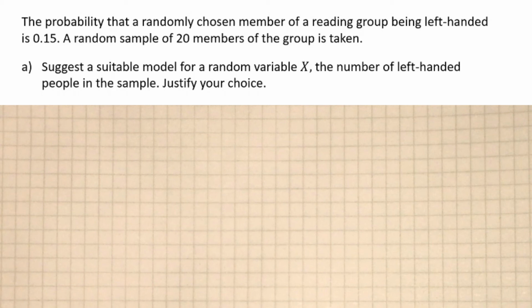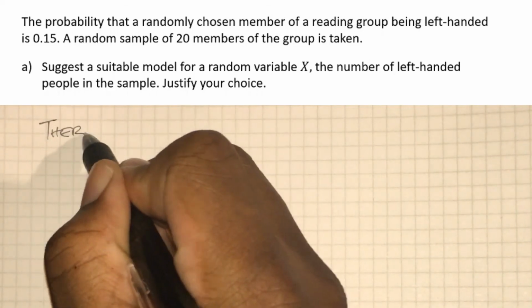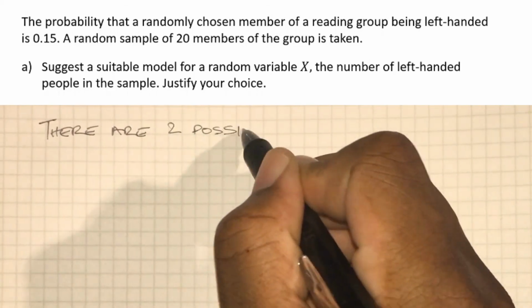Okay, let's have a quick look at one in context. So here we're told that the probability that a randomly chosen member of a reading group being left-handed is 0.15. A random sample of 20 members of this reading group is taken. Suggest a suitable model for the random variable x, the number of left-handed people in that sample, and we have to justify our choice. So this is where we need to bring in the criteria. From the scenario we've read so far, what criteria would fit the binomial distribution?